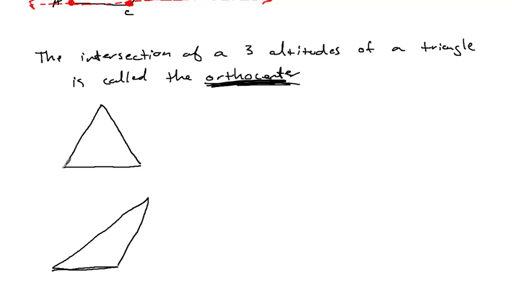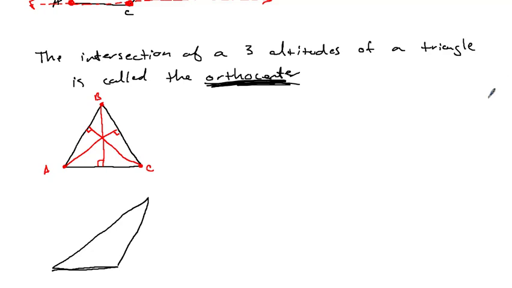Alright, so let's start with our simple one, triangle ABC. And we need to draw in our altitude. So from vertex to the opposite side and perpendicular, vertex to the opposite side and perpendicular, and from this vertex to the opposite side and perpendicular.